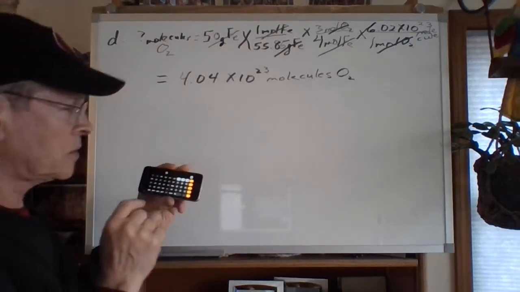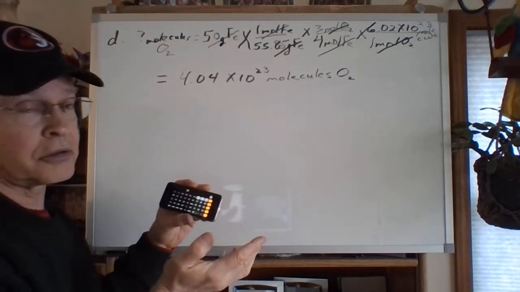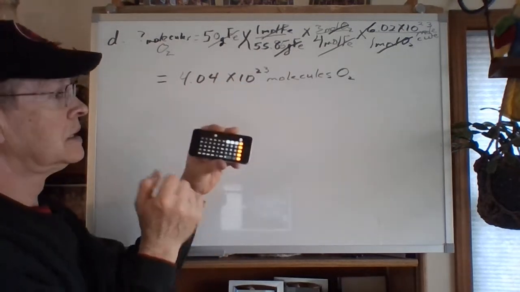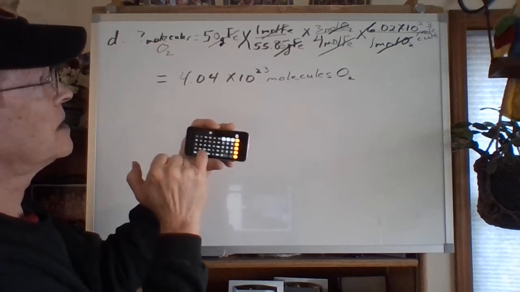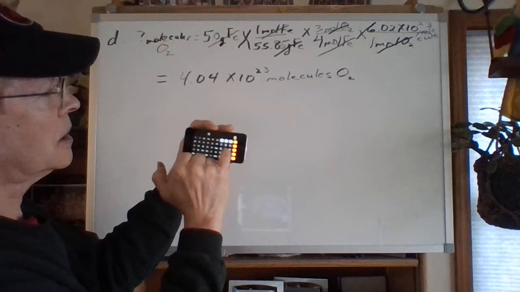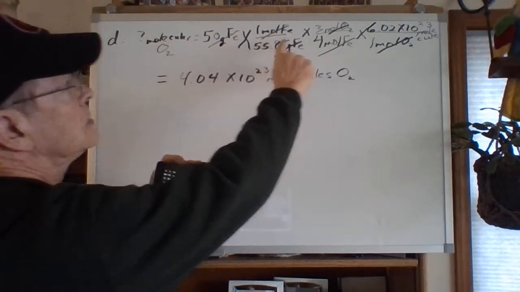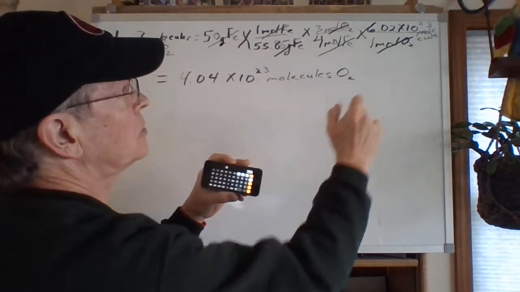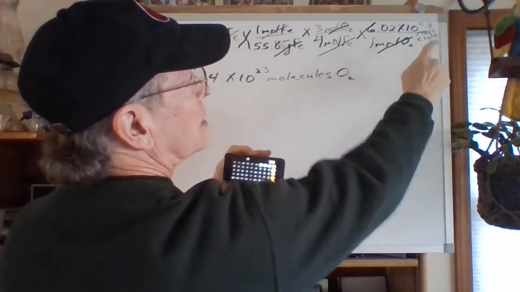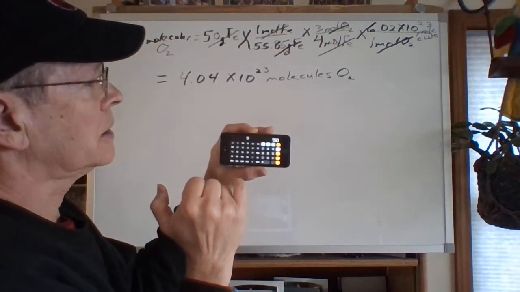If you want to know what it looks like to put all those numbers in the calculator, because you do need to know how to punch this in, let me show you that. We would take 50 on the top, 50 times 3 times the number 6.02 times 10 to the 23rd. Sometimes people have trouble putting that in the calculator.